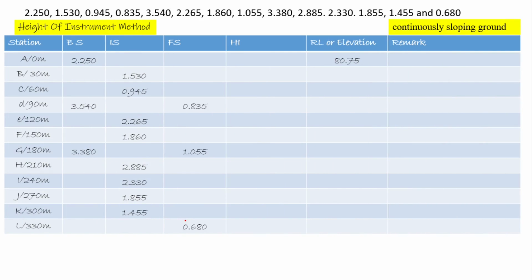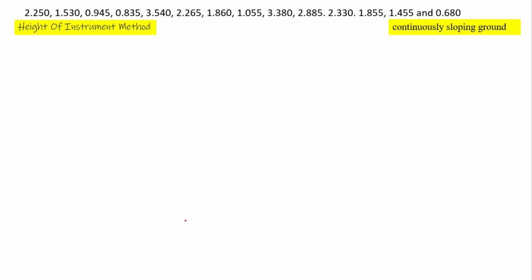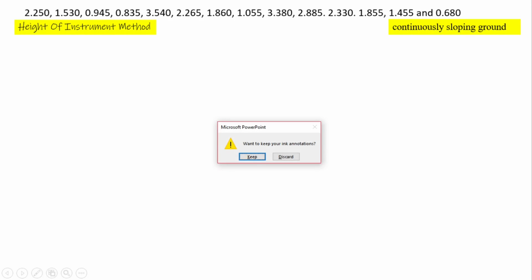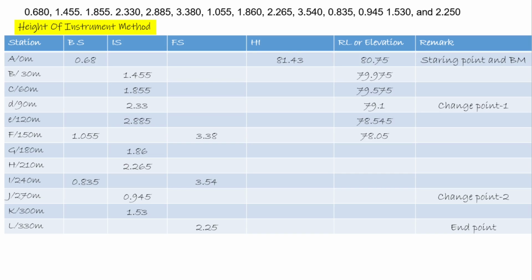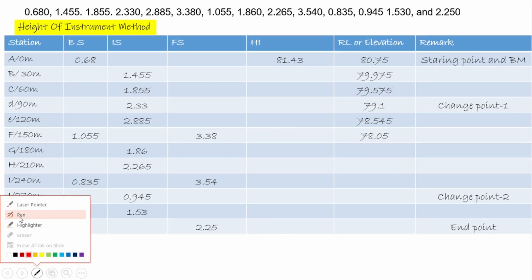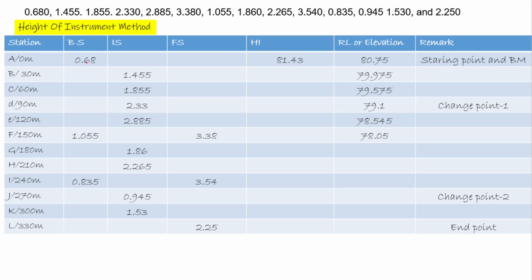So the elevation of A is known, and we are going to solve. The RL of A is known. Now we have filled the remarks and this is your HI, and up to this point we have calculated the RLs by deducting this value.